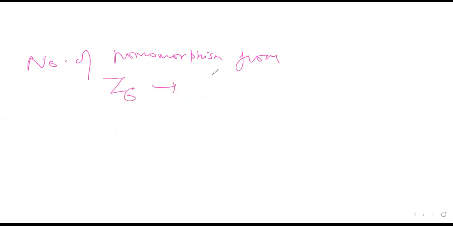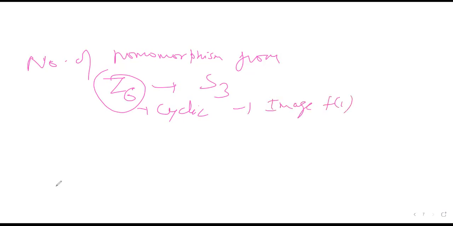Now one more question. We have to find the number of homomorphisms from, let's say, Z6 to S3. S3 is the symmetric group of 3 elements. Again, this is a cyclic group, so the only thing that we need is the image of F1.